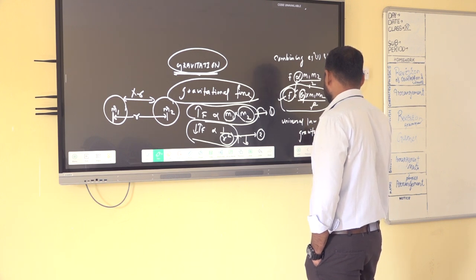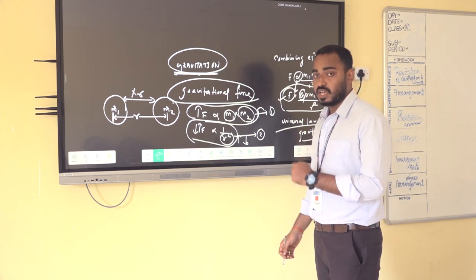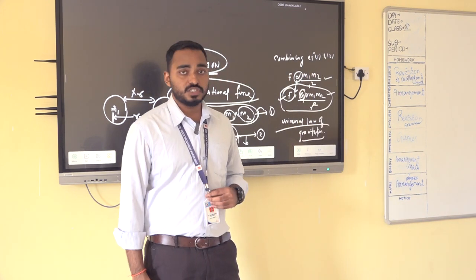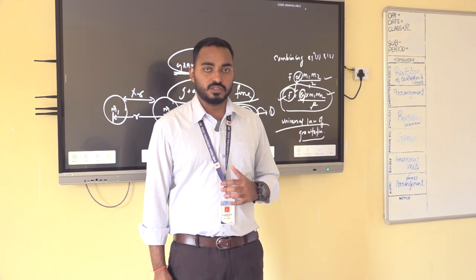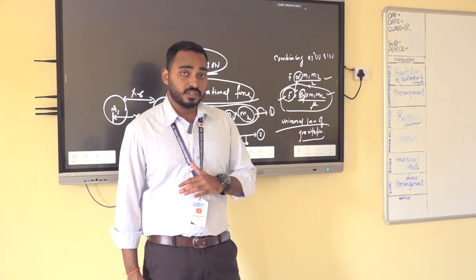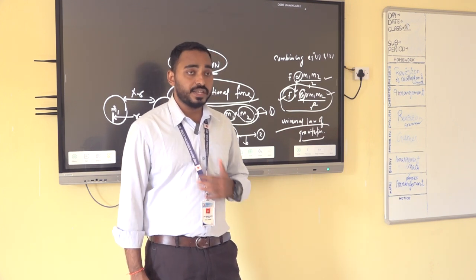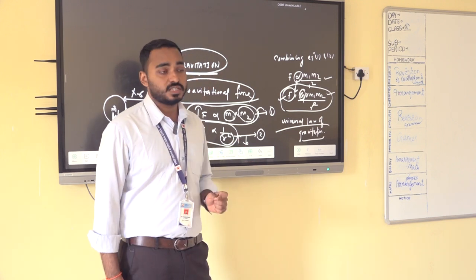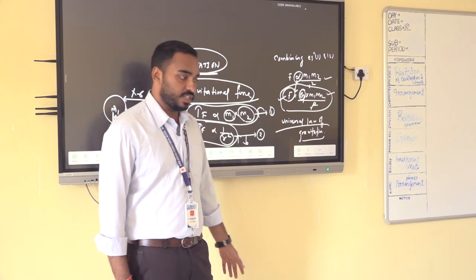What is the meaning of universal law of gravitation? It means that the gravitational force is not limited to the earth only. It can be used for any object having some mass. If an object has no mass, the gravitational force concept will not be there.